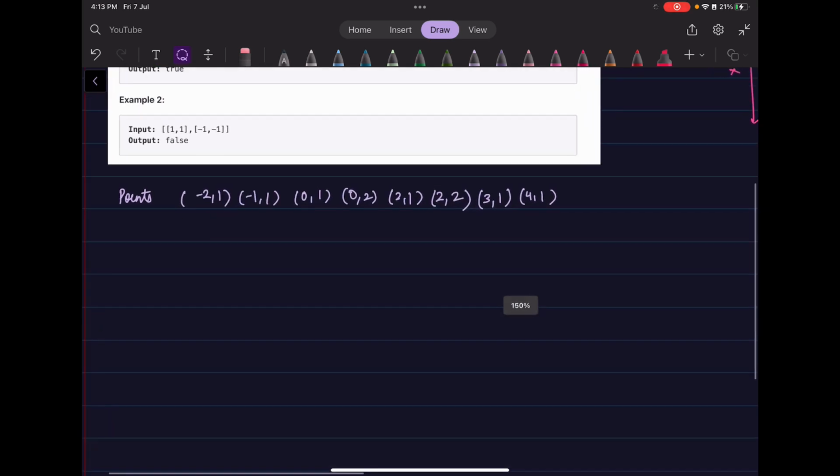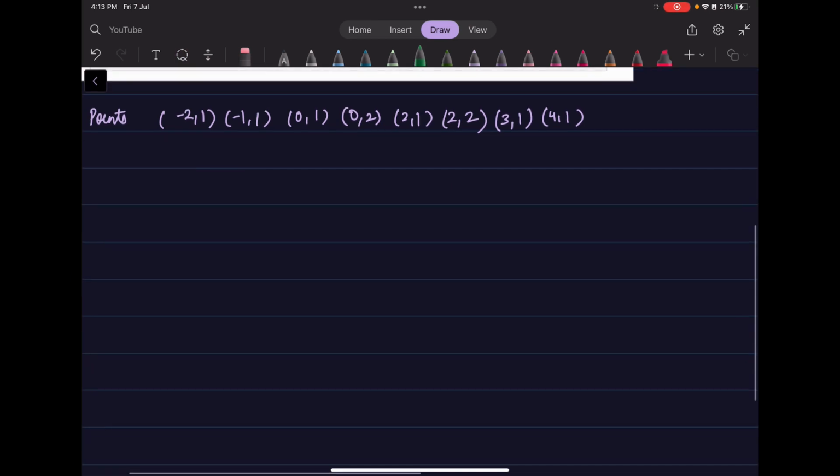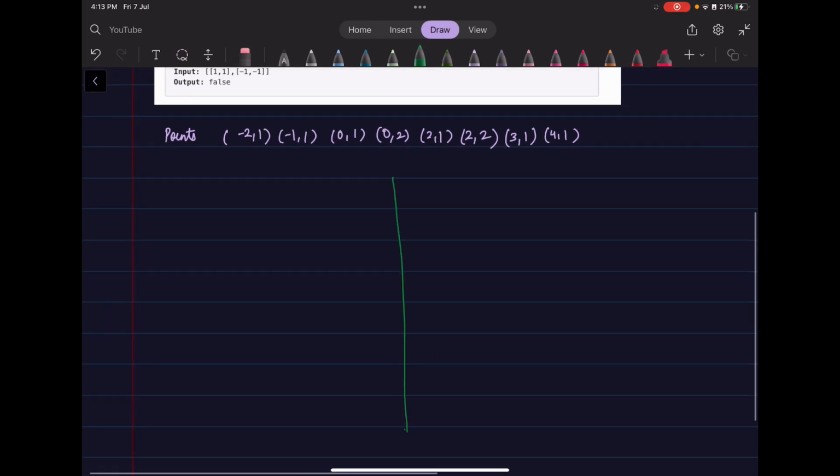Before understanding that, I'll just quickly plot them on an xy plane. Minus 2 comma 1 would be somewhere here. Let's name these points.